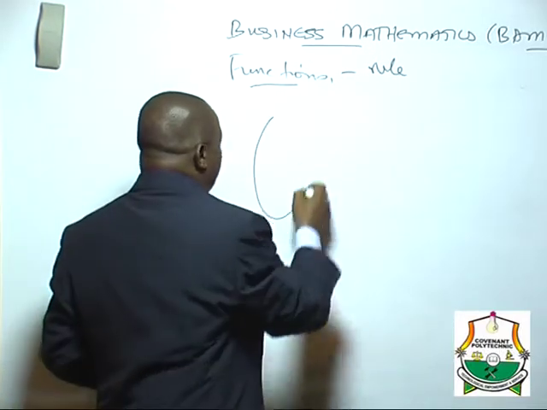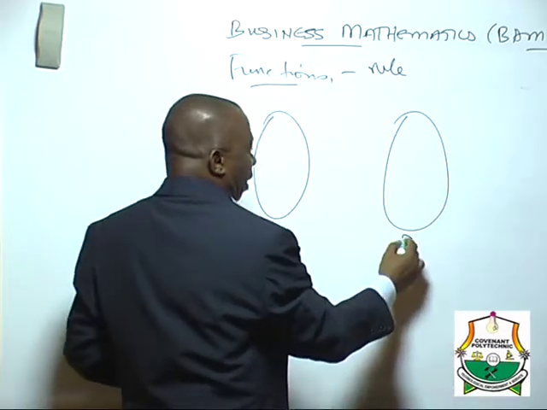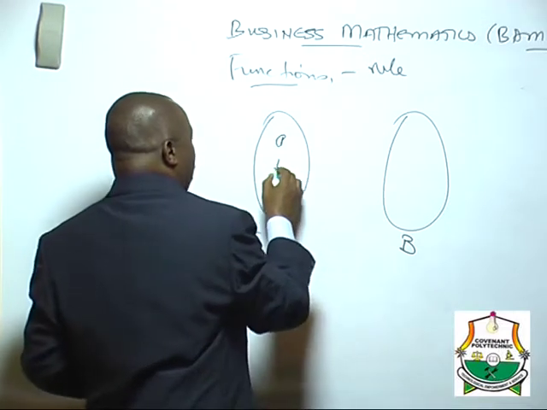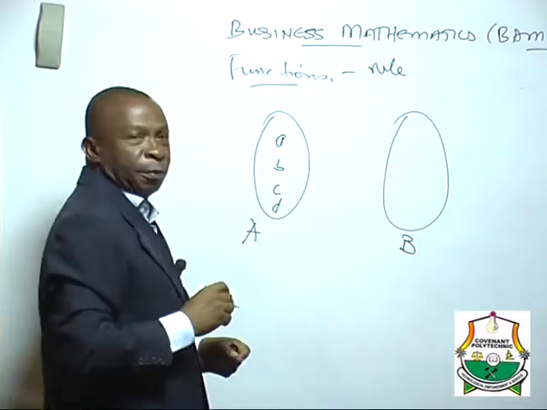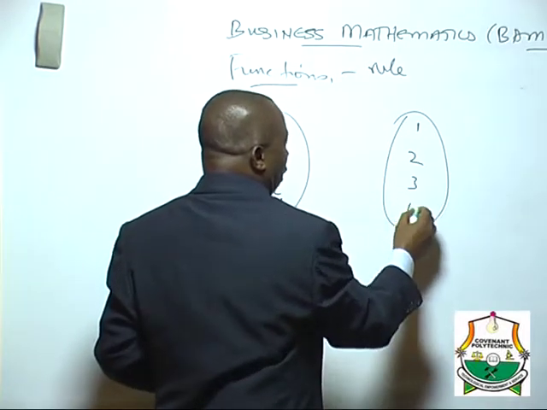Take, for example, you have this. If this is A and this is B, if there are elements a, b, c, and d, and here you have 1, 2, 3, 4.